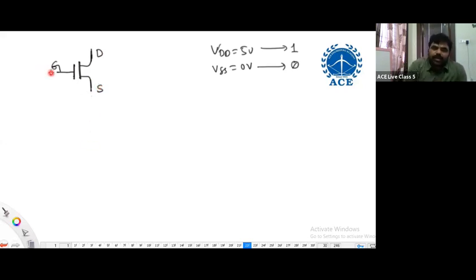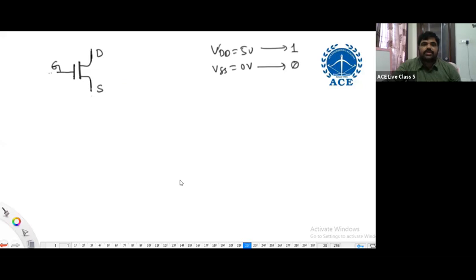What can we apply at the gate terminal to switch on an N-channel MOSFET, logic 1 or logic 0? Logic 1 only, because gate to source potential must be positive.